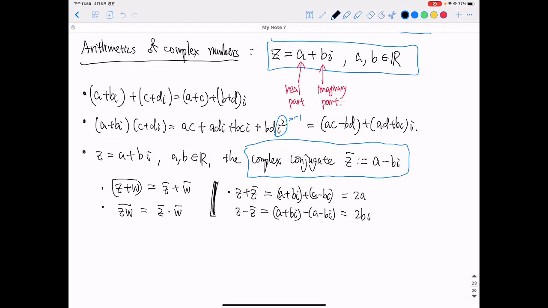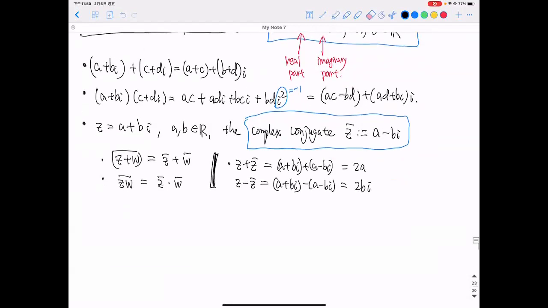You get 2bi. And finally, if you take z times z bar, that's (a plus bi)(a minus bi). So that's a squared minus the square of bi. Because i squared is -1, this is a squared plus b squared.